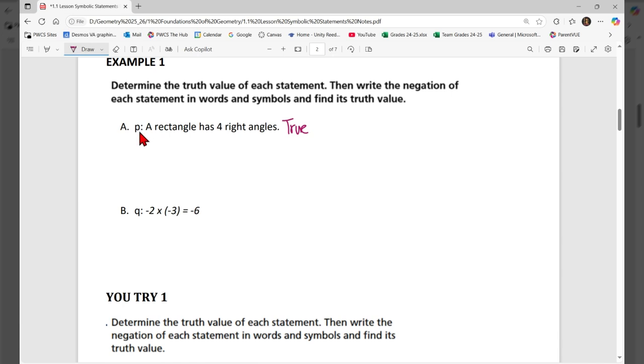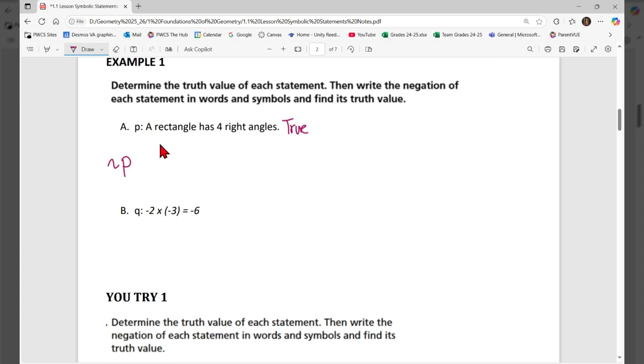So we have the letter P here that represents a rectangle has four right angles. So the negation, we use the little squiggly as a negation instead of the minus sign, would be squiggly P. That's going to tell us we're going to talk about the opposite of this original statement.